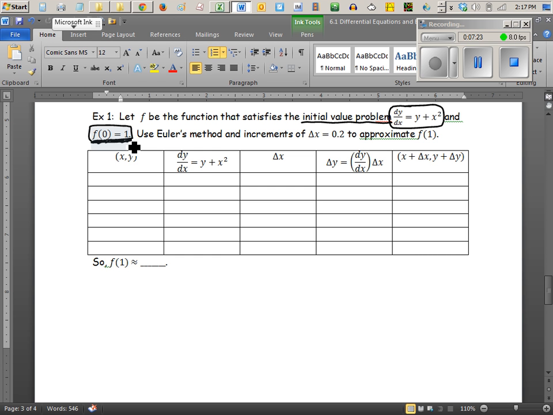First off, this is a little bit hard to solve. Look at the differential equation: it's saying that taking the derivative of the function is the same thing as adding x squared.